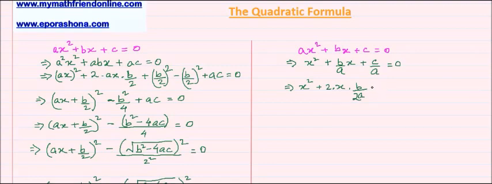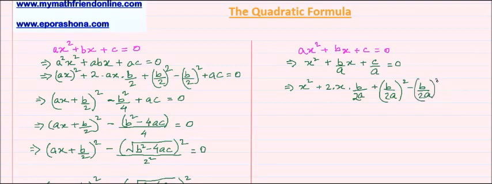And we will be introducing the third term, that is, this is 2, this is x from the first term, and this is the second term, b by 2a. So the third term will be b by 2a whole square, obviously. So it is b by 2a whole square. But since we cannot insert any new term in an equation, we have to subtract b by 2a whole square as well.